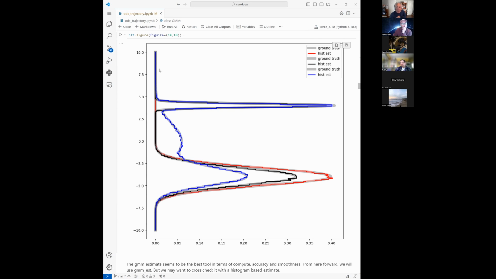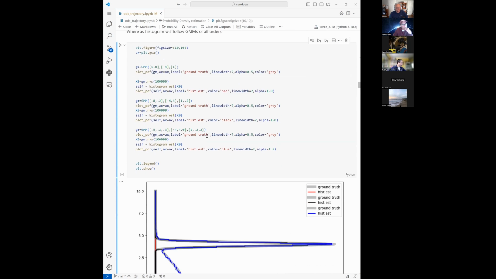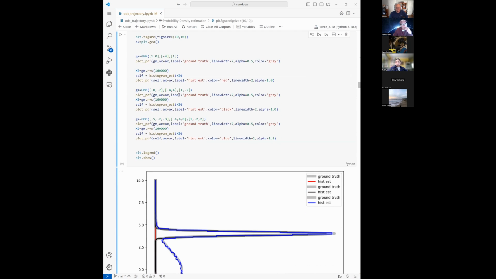Yes, the red trace. So yeah, maybe I should have done it differently. There are 3 different ground truths. There's one down here, one up here. So this one and this one are 3 different ground truths. And one of them, I think, what's the first one? Red.